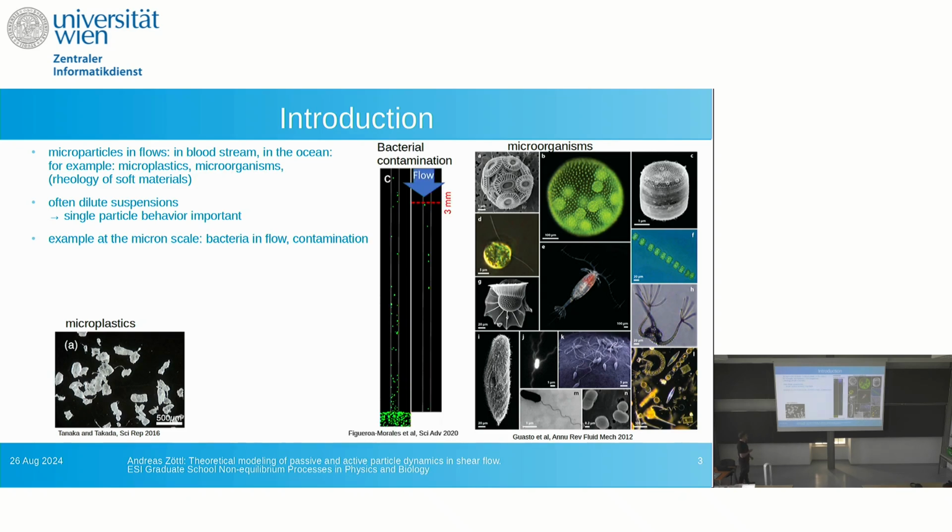So one example is also, for example, when you have bacteria, which might be a bit more dense, and they enter capillaries. But in this capillary, there is some flow going in this direction. And then still bacteria can invade these vessels and swim against the flow, which is a purely single particle property. We will not discuss this specific system later, but related ones.